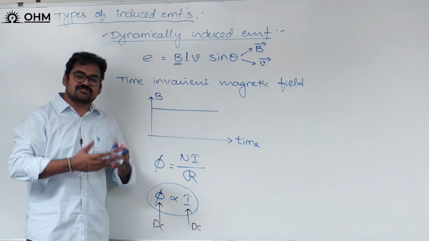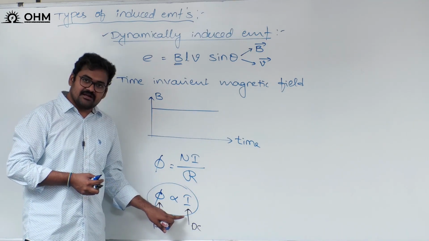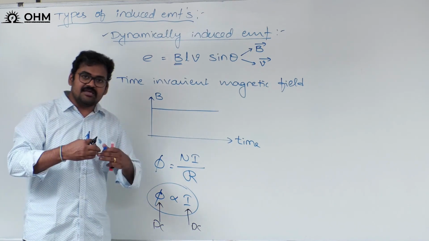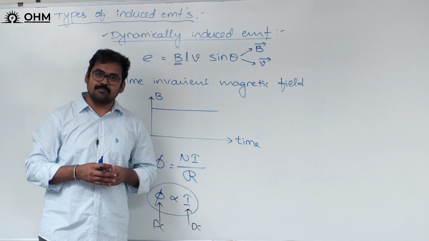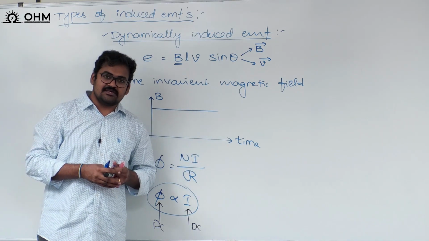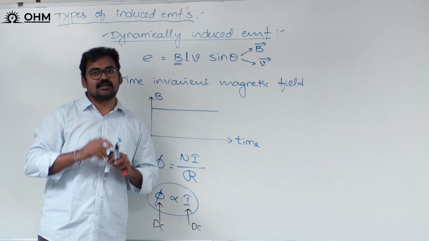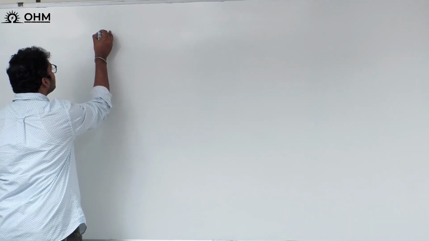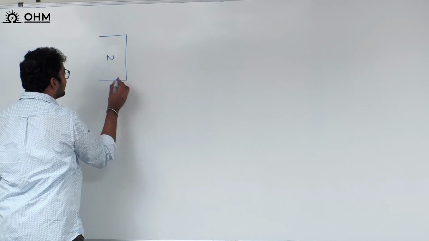These are all things you studied already; I am just recapitulating. So by using DC current excitation, we can create a time invariant field. In that time invariant field, we move a conductor so that induced EMF will be produced. Now let us see how this dynamically induced EMF can be observed in rotating electrical machines. Let us assume that we have a two-pole magnetic system.